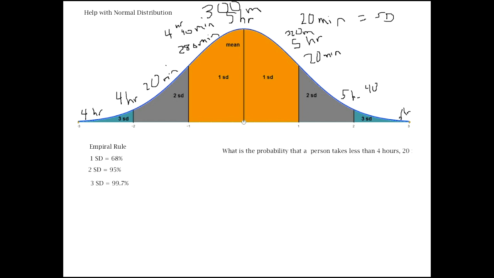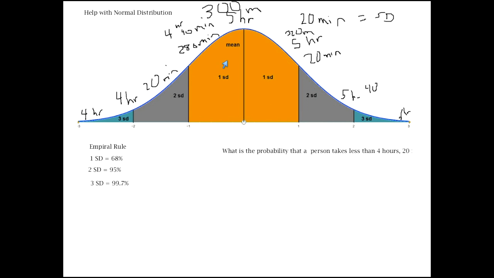If it's a nice standard deviation problem, meaning you've got the mark directly on here, okay? Versus, what if it said, what is the probability that a person takes 4 hours, 24 minutes? There's different things you can do. Or less than certain situations.